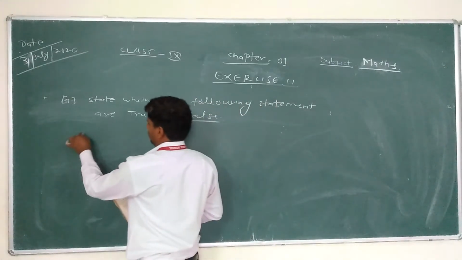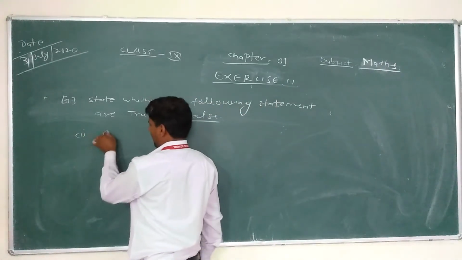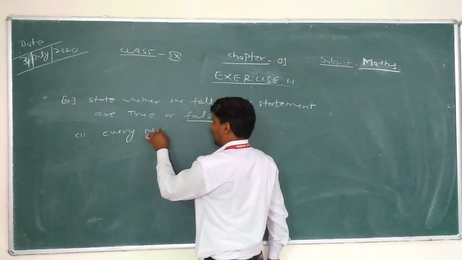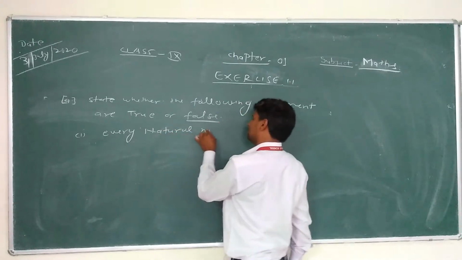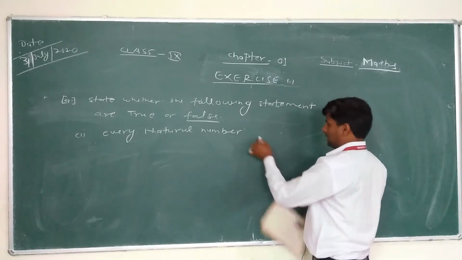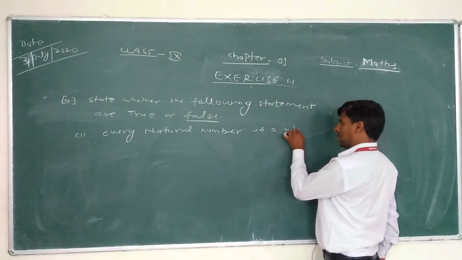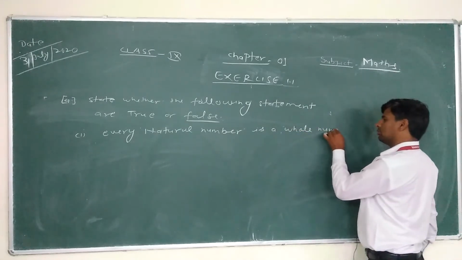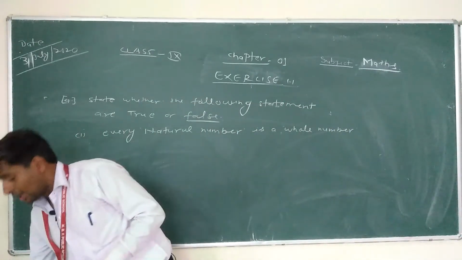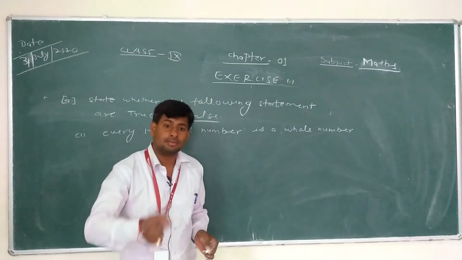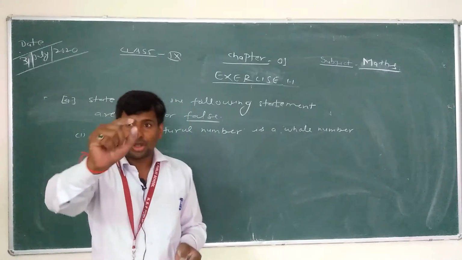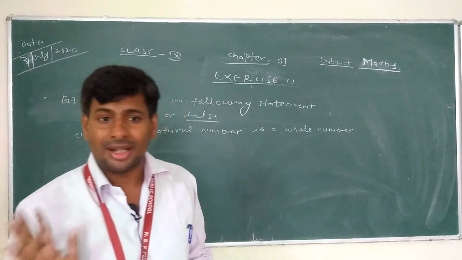See, point first: every natural number is a whole number. All of you know that, students. Every natural number is a whole number, but every whole number is not a natural number, because 0 is a whole number, but 0 is not a natural number.